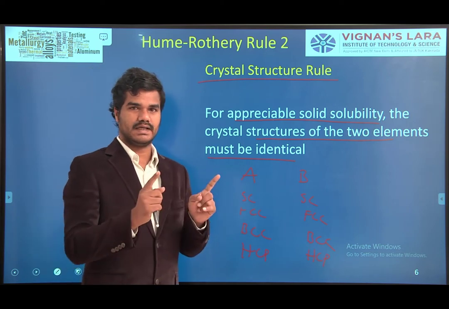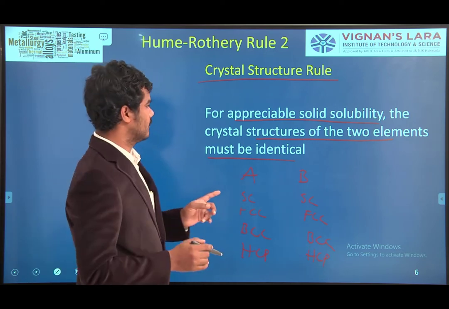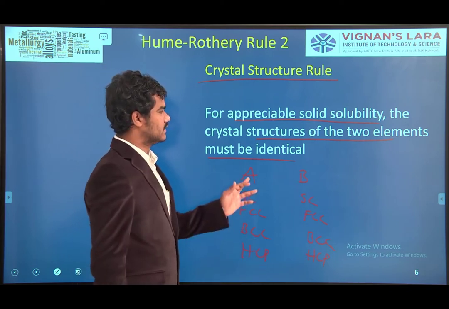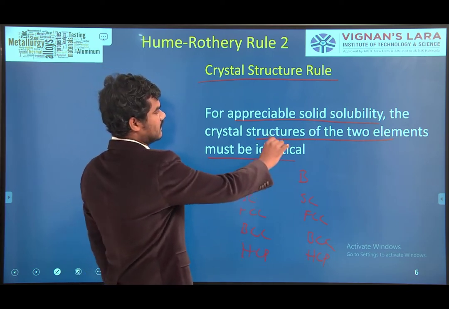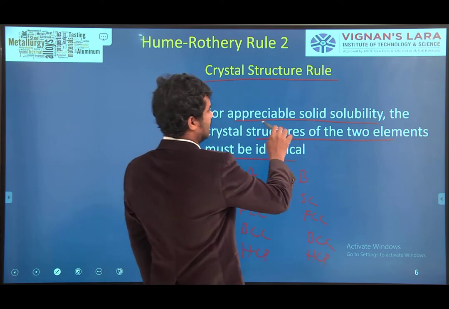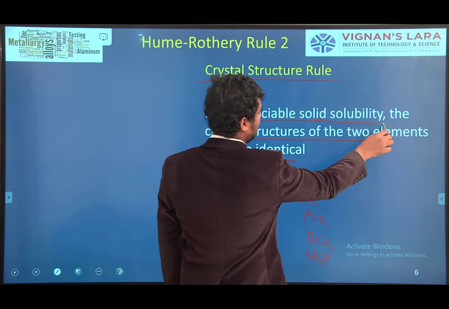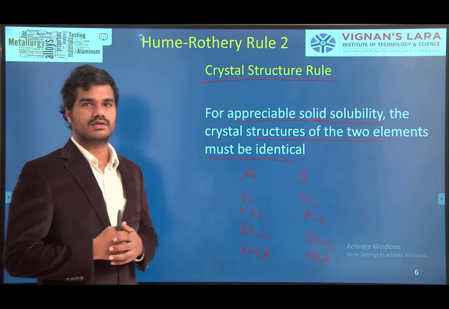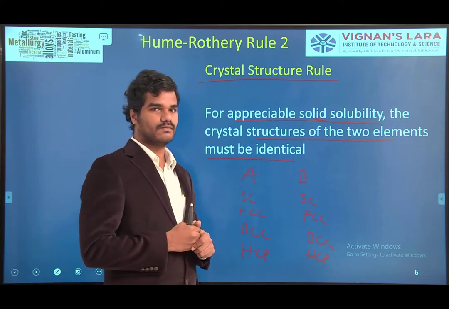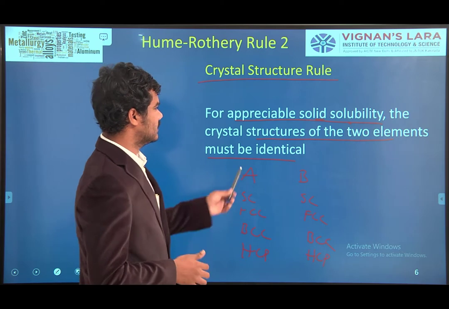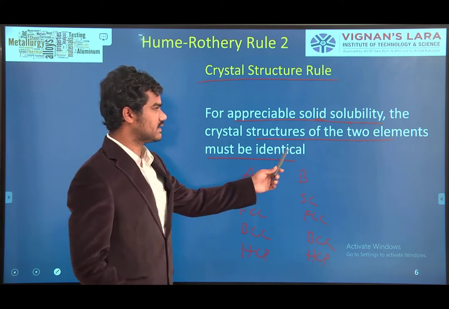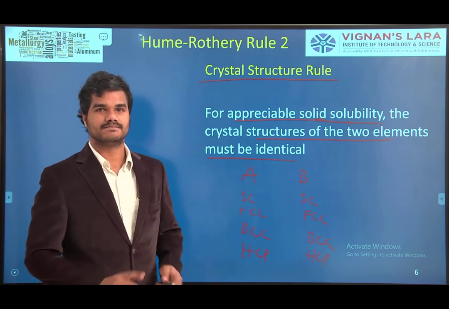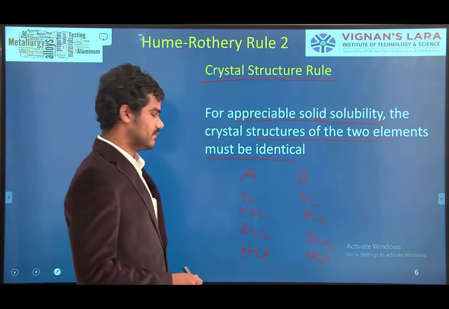When both A and B have the same crystal structure, the two elements have appreciable solid solubility. That is Hume-Rothery rule 2: for appreciable solid solubility, the crystal structures of the two elements must be identical.